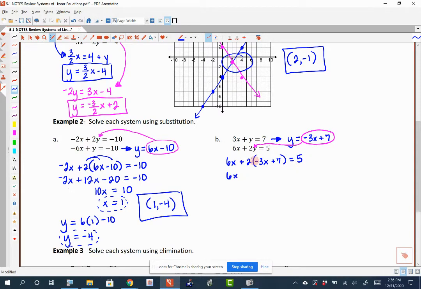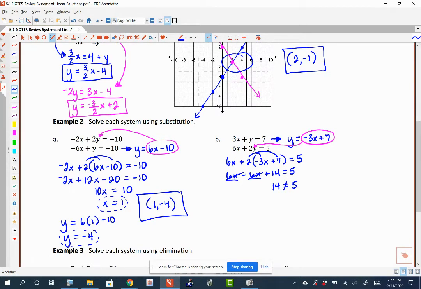So again, we've got to do some distribution. Let's see, that gives us a negative 6x, but a positive 14 as we distribute. Ooh, interesting. Look at both of my x terms. They're the same term, but their signs are the opposite, which means that they've eliminated, they've subtracted each other out, and we're left with this statement, which definitely 14 does not equal 5.